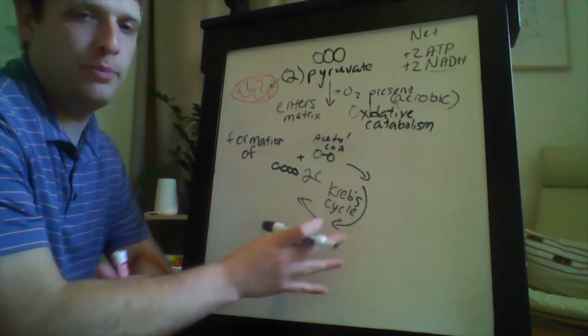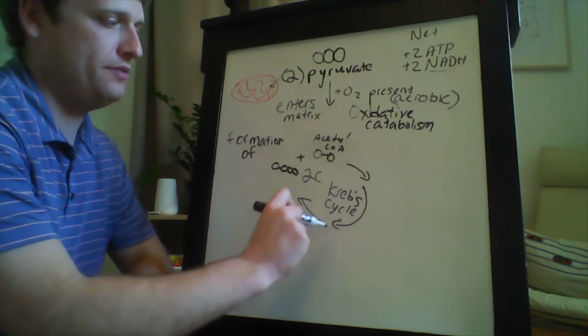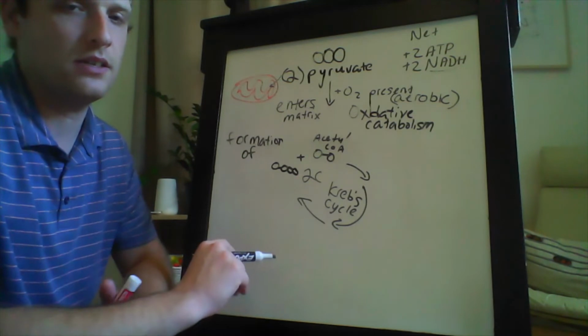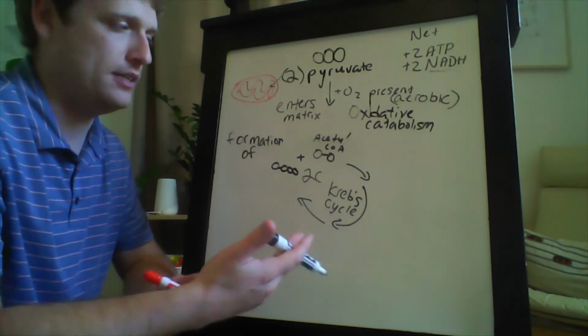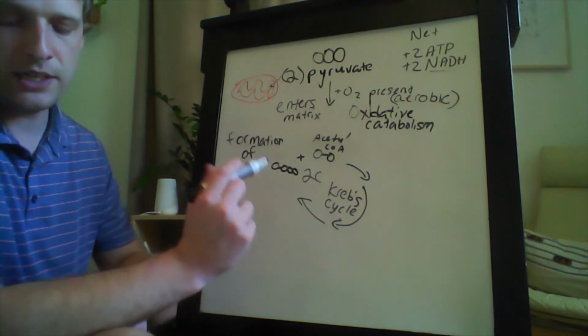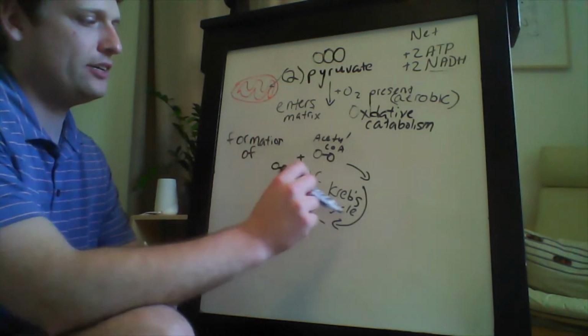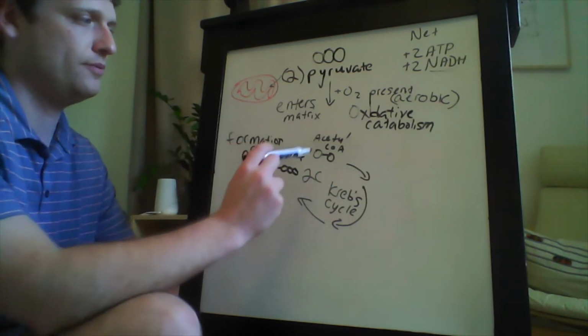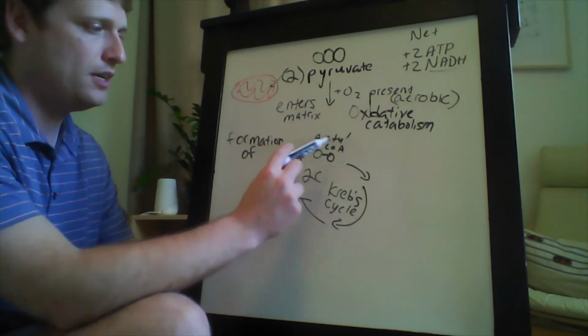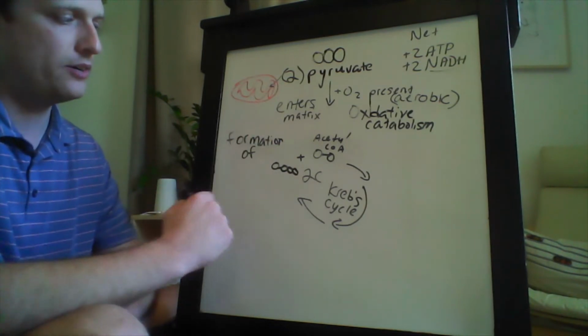Now, your book shows what every one of these reactions of the Krebs cycle is, and I won't require you to know every step in that series of reactions, but what I do want you to know is that the Krebs cycle requires oxygen to be present for this to occur, for acetyl-CoA to be formed, and for Krebs cycle reactions to occur.